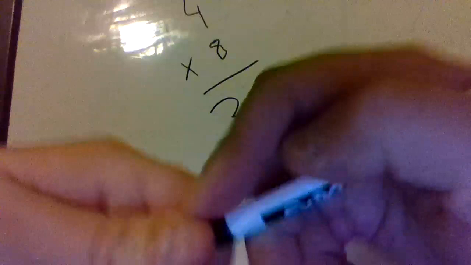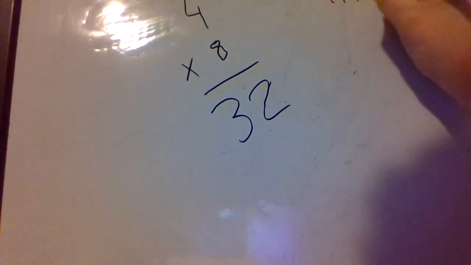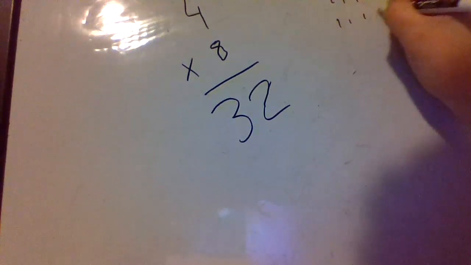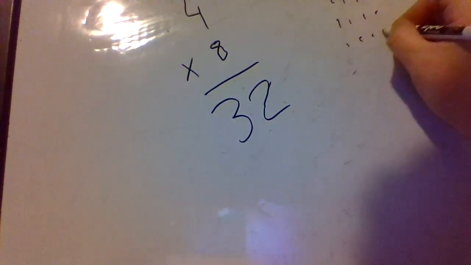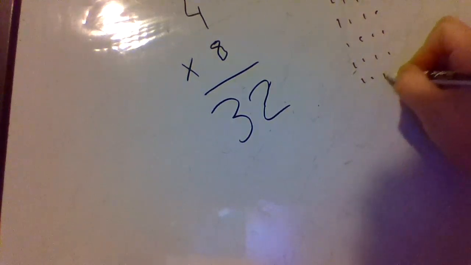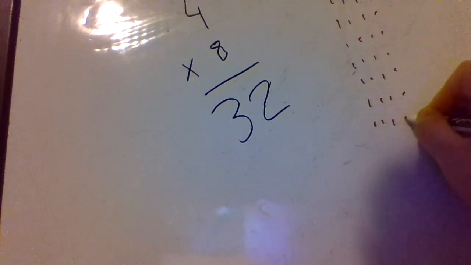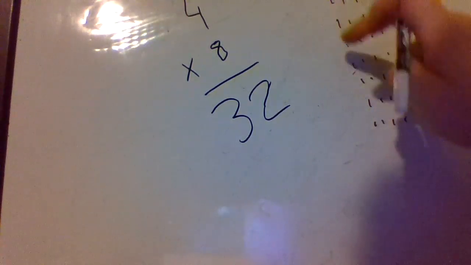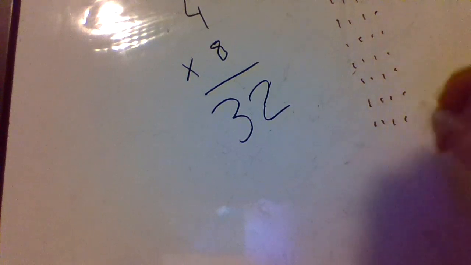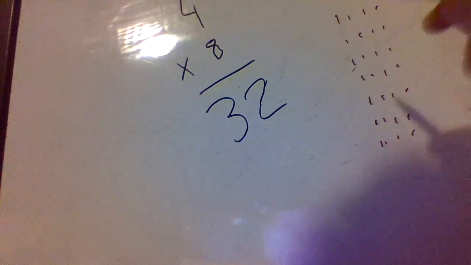There's, of course, an array where you can do 4, 8 times. 1, 2, 3, 4. 1, 2, 3, 4. And if you count all those marks, I guarantee you there will be 32.